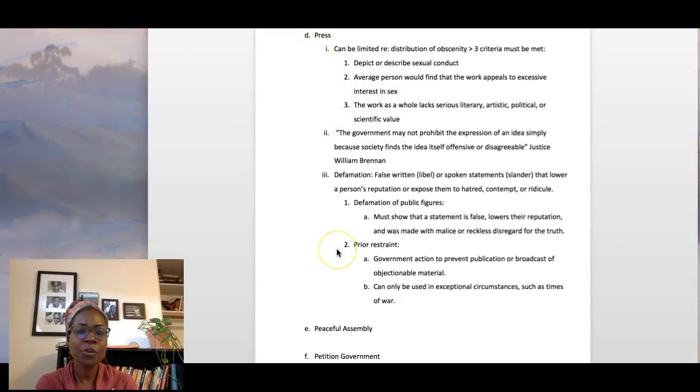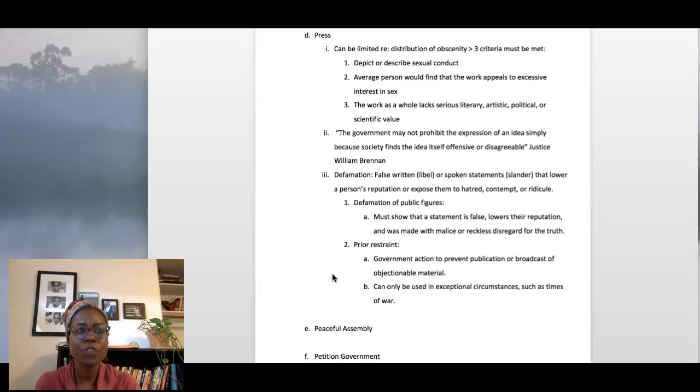This idea of prior restraint is addressing the idea that sometimes governments want to prevent the publication or the broadcast of material that they find objectionable. They don't want it to come out at all.